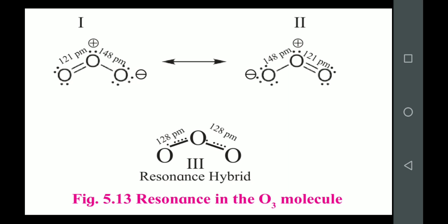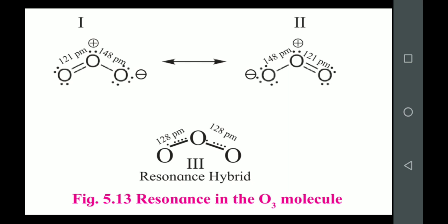So structures 1 and 2 are canonical forms, and structure 3 is what? Resonance hybrid. And it is assumed that the energy of the resonance hybrid is the minimum among all.